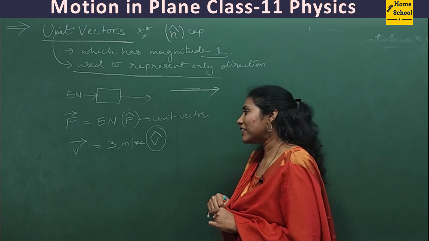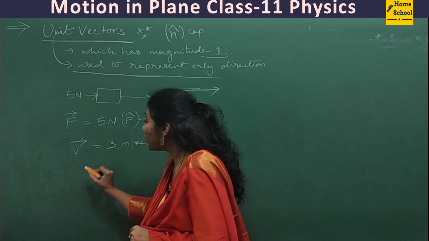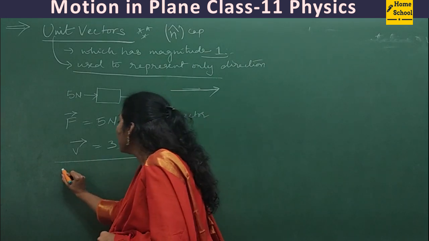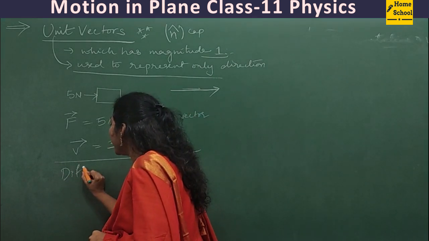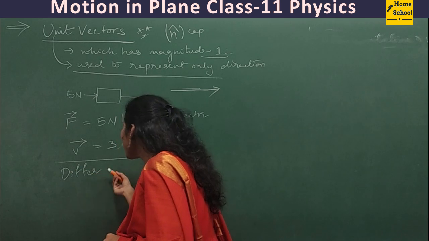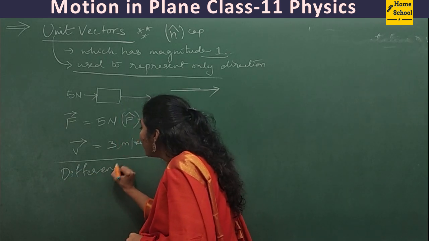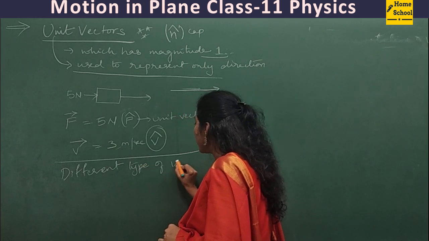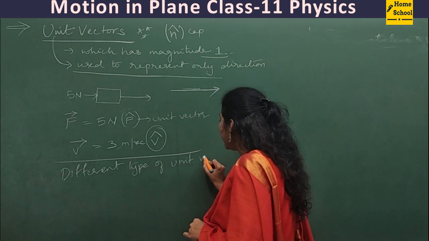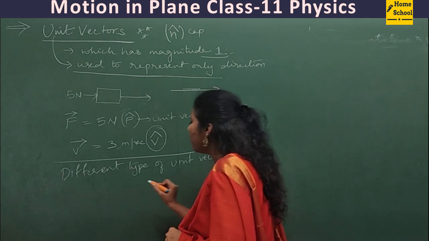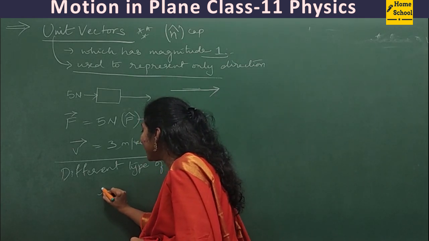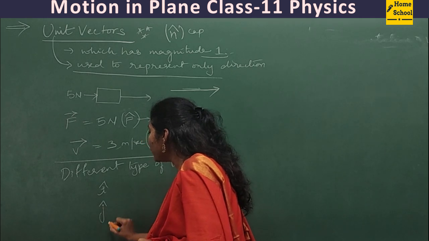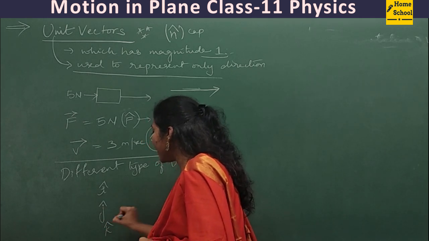Usually this is a way of representing a unit vector. But actually, we have different types of unit vectors here. In common language we can call them different types of unit vectors. We can represent them as I cap. I cap is one unit vector, J cap is one unit vector, and K cap.